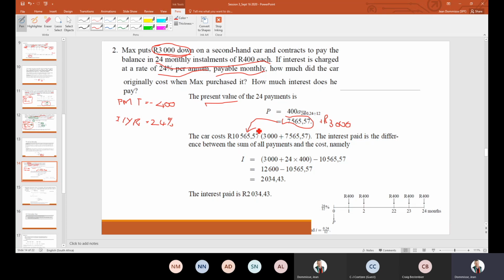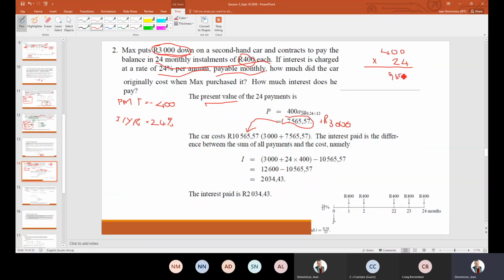So what they also ask in this question is, what was the interest that you actually paid? So we know that 400 rand was your monthly payment or installment. We know it was for 24 months. So if you multiply those two with one another, you would have got to 9,600.